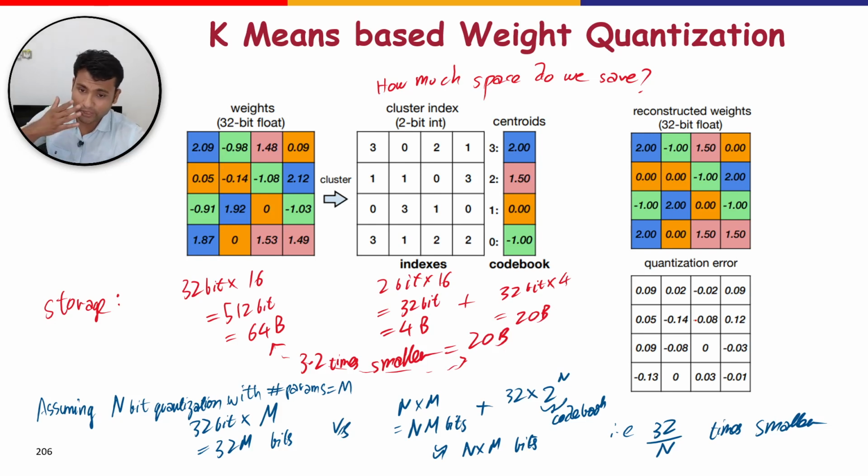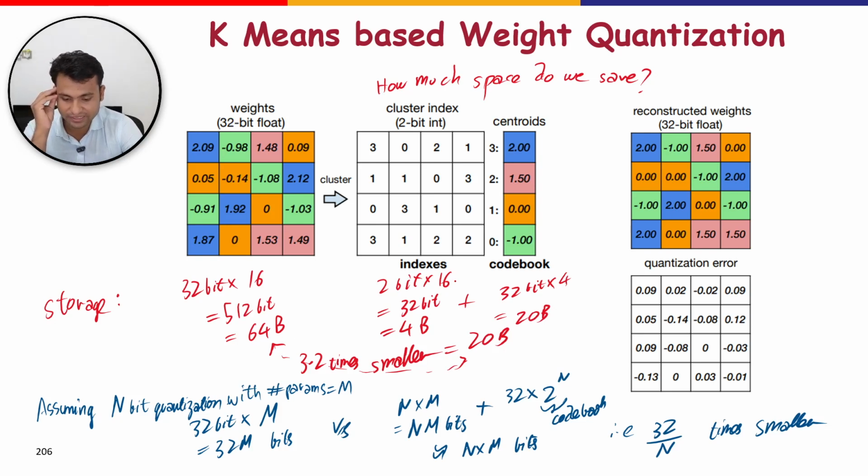So let's do a very quick calculation of how much space we are saving in this. Originally a 32-bit floating point number was taking 32 bits, and the total number of weights is 16. So 32 bits into 16 is 512 bits or 64 bytes.